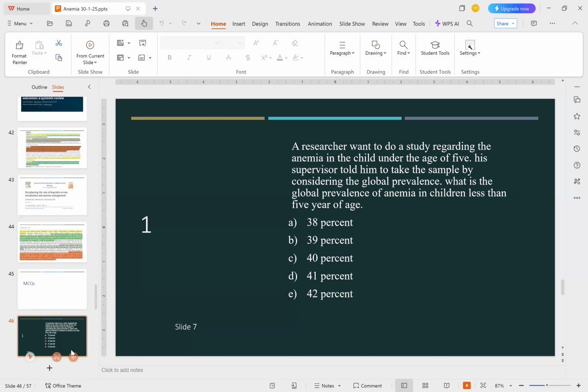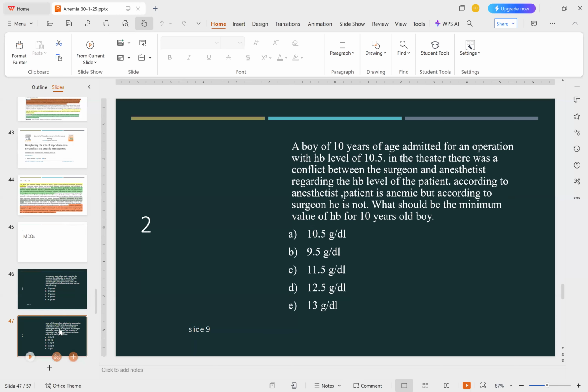B, 39%. C, 40%. D, 41%. E, 42%. It's C, 40%.